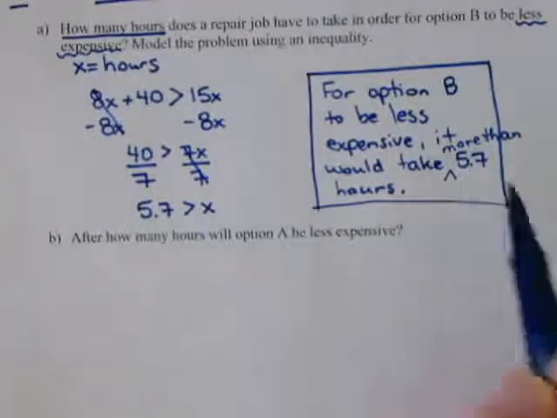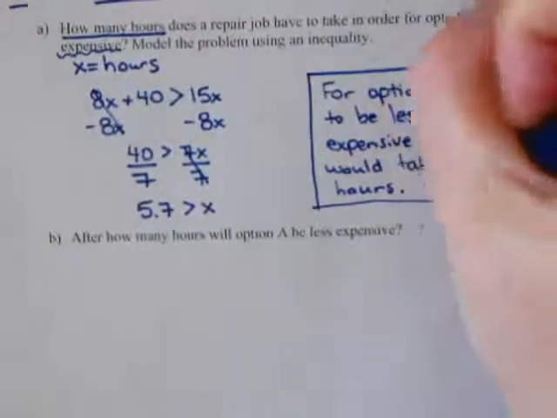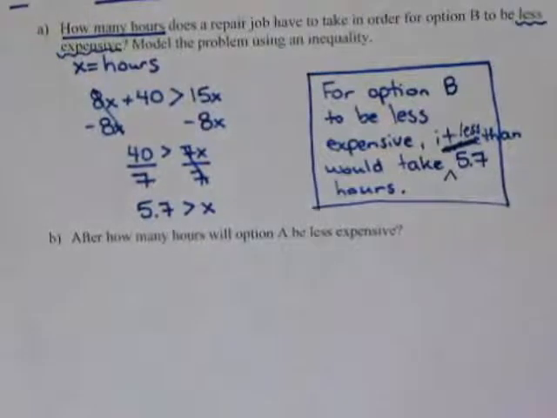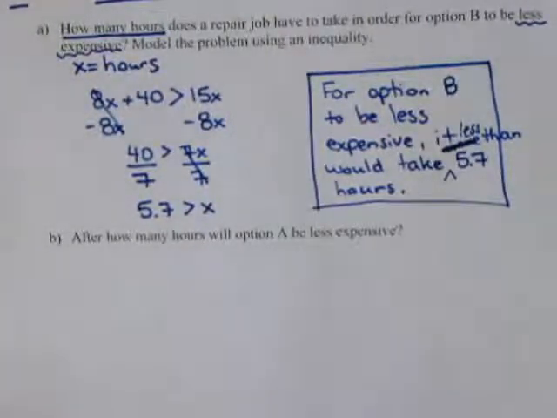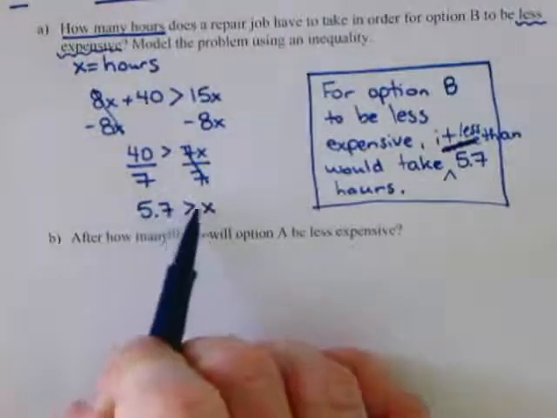So if it's, oh my goodness, okay, let's retract this. Less than 5.7 hours. Oh my goodness, I'm so sorry, you guys. I apologize for all that last minute or two here. Okay, because it's 5.7 is greater than x.